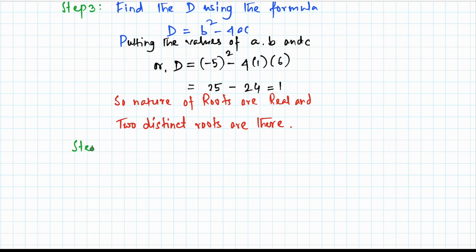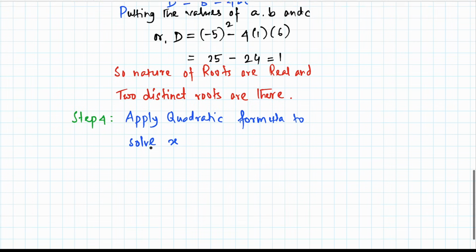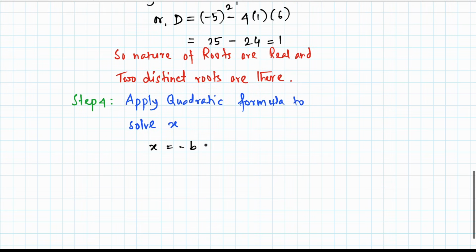Then we can directly go to step 4, where we apply the quadratic formula to find the roots. Solve for x. x is equal to minus b plus minus root over b square minus 4ac, by 2a.